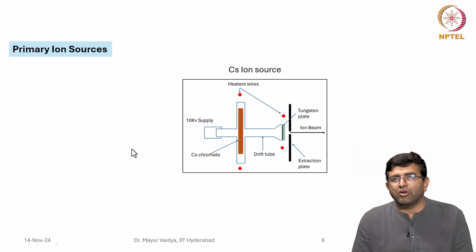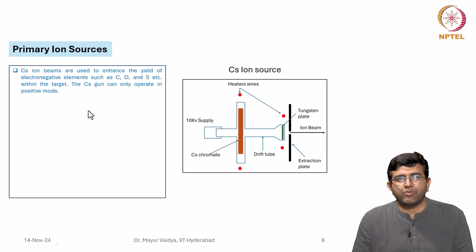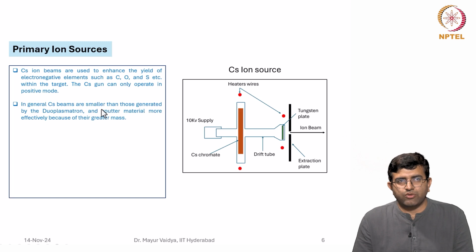Cs ion beams are used to enhance the yield of electronegative elements such as carbon, oxygen, sulfur, etc. within the target, and the Cs gun can only operate in the positive mode.